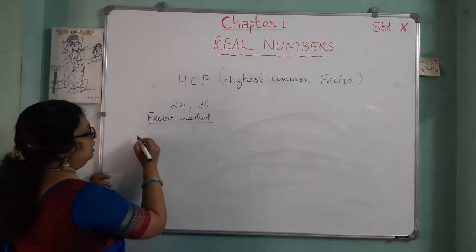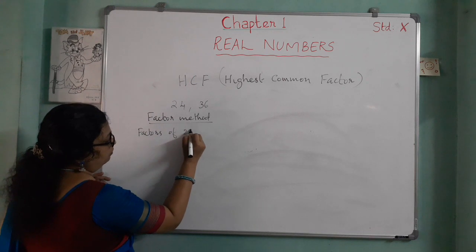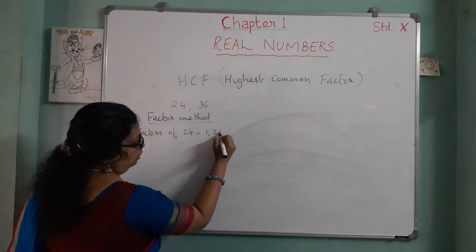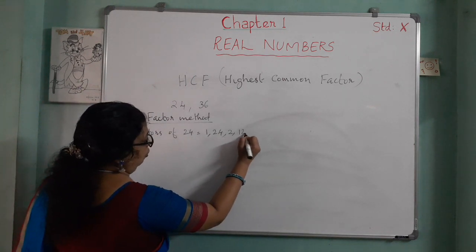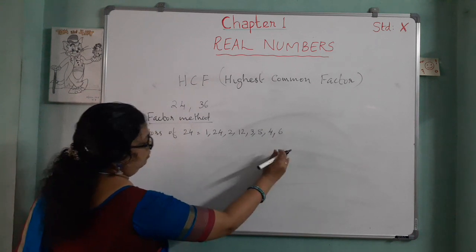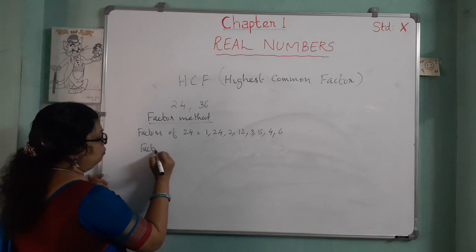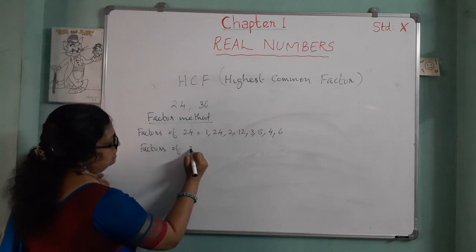We revise, that is, the factors of 24. You know that 1 and 24, then 2 and 12, 3 and 8, 4 and 6, then no more factors. Then next, the factors of 36.